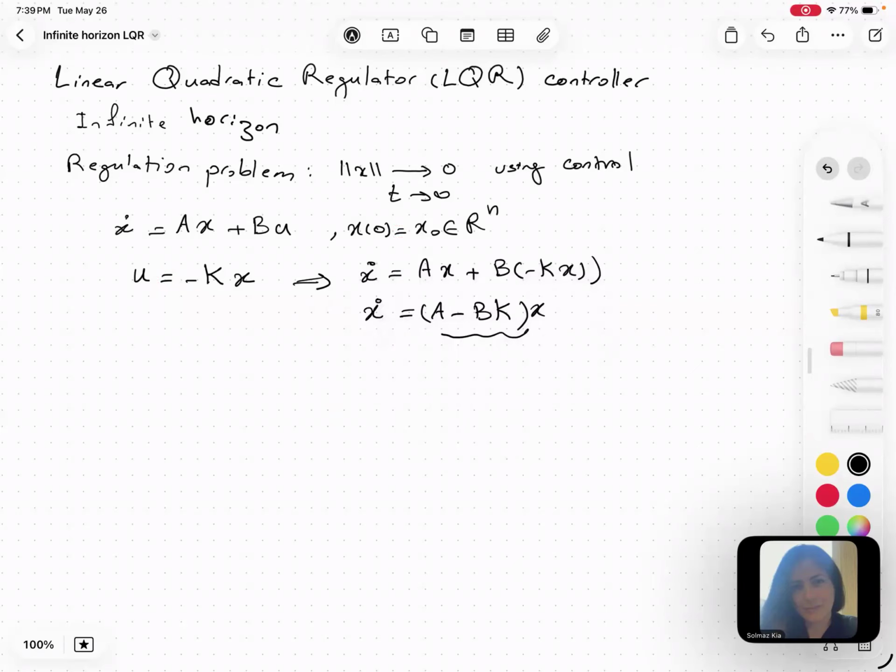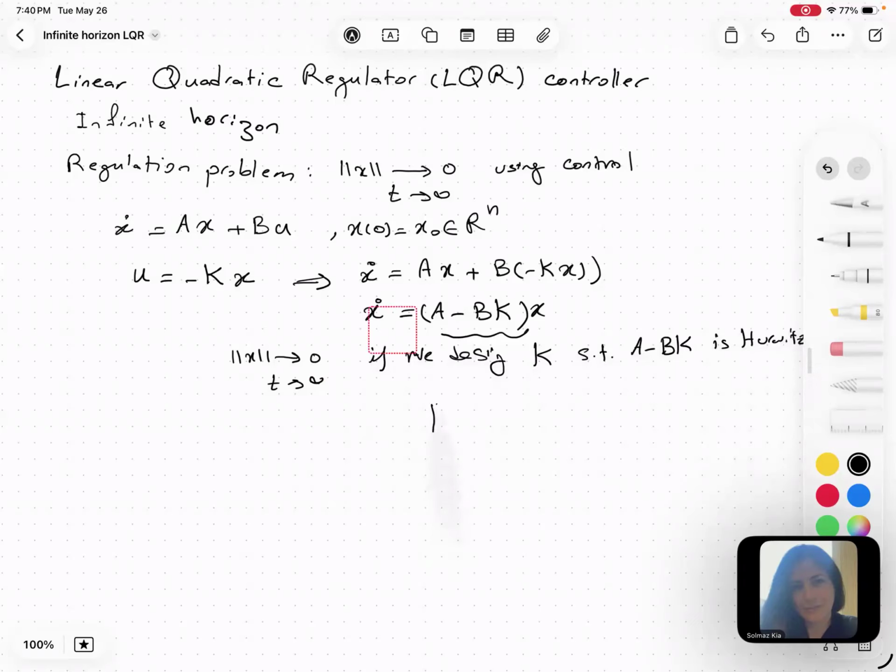From the internal stability concepts that we learned, we can drive the state of the system, we can make x go to zero as t goes to infinity, if we design K such that A minus BK is Hurwitz.